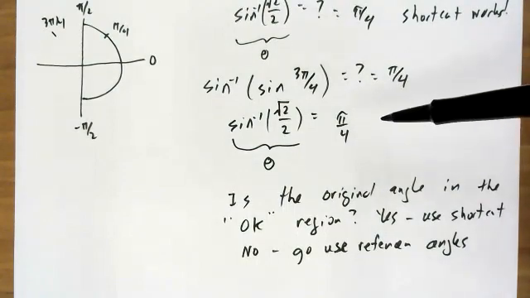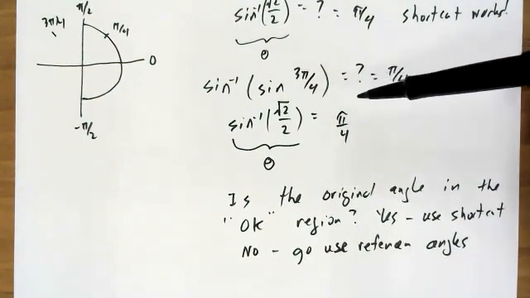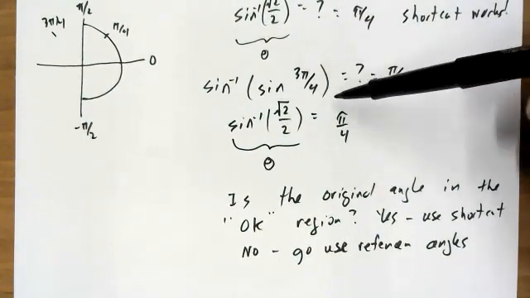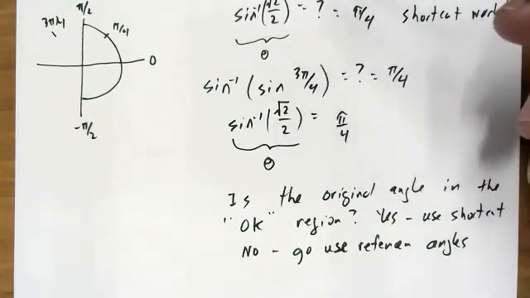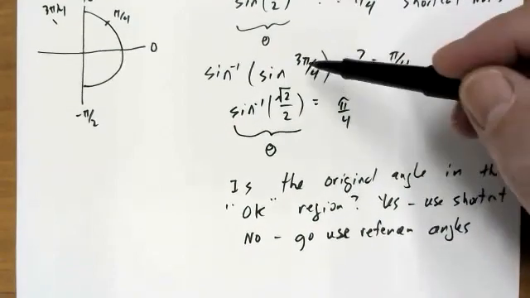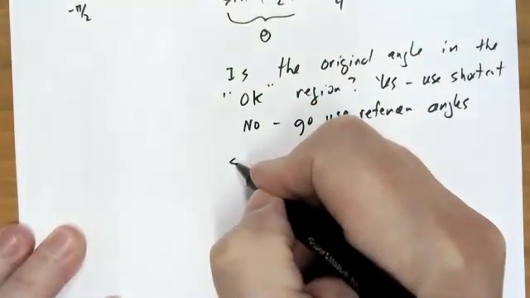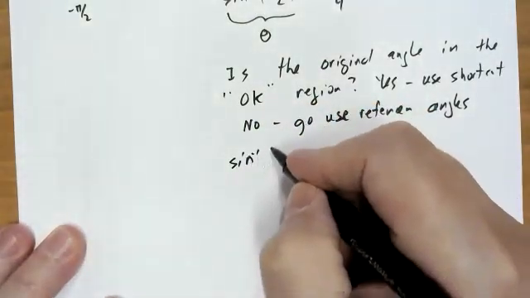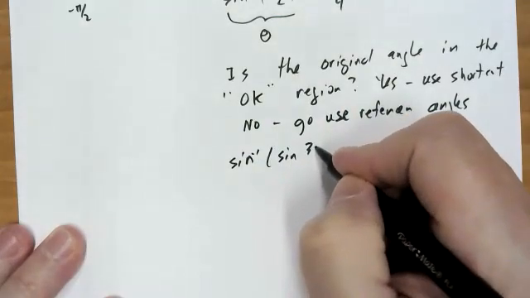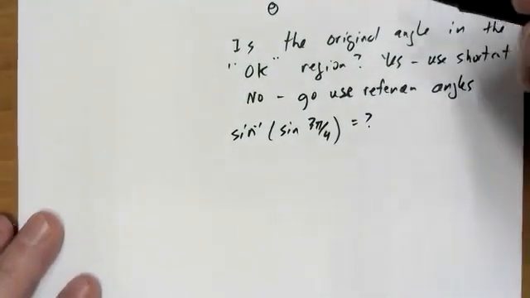But let's figure out how we know this answer is pi over 4, especially if we're given angles that are not special angles, if we cannot in our head do this calculation. So here's where it gets a little confusing. So here's what you have to do. Let's go into this example of 3 pi over 4. So I'm given this problem.